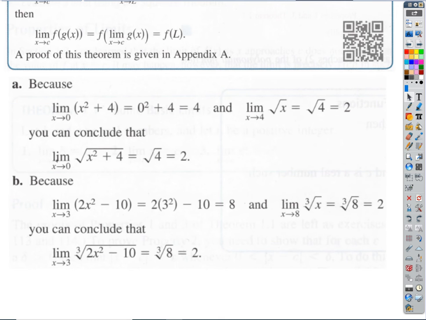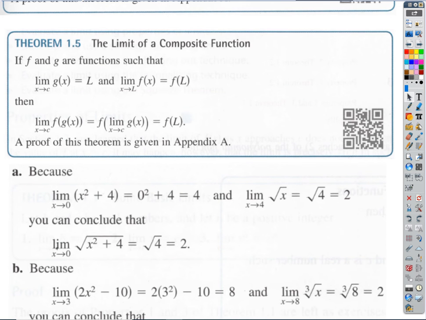Now, if we want to look at this within a mathematical context, we could say for compositions of functions, if f and g are functions, and the limit of g of x as x approaches c is L, and the limit of f of x as x approaches L is f of L, then we can create a composition of these. We can do f of g of x, right? If I take this limit of f of g of x as x approaches c, well, when we're evaluating a function, you're always going to evaluate a composition of functions from the inside out, right?